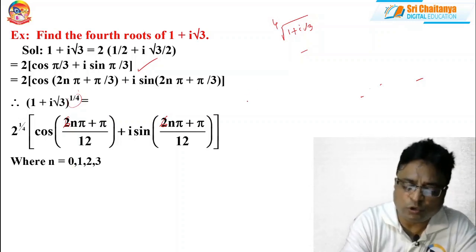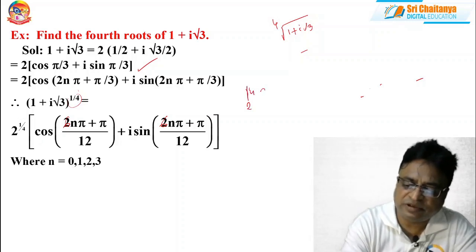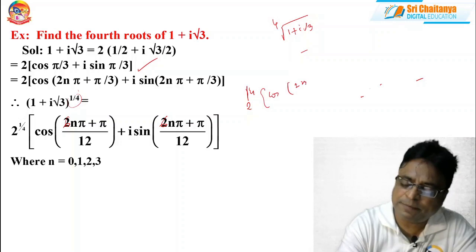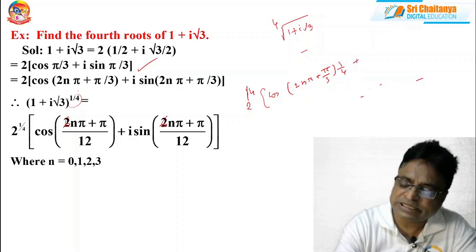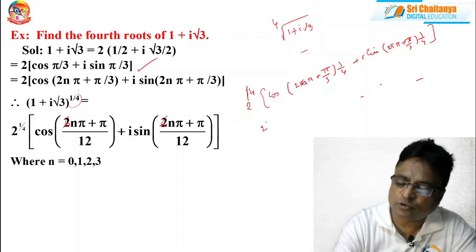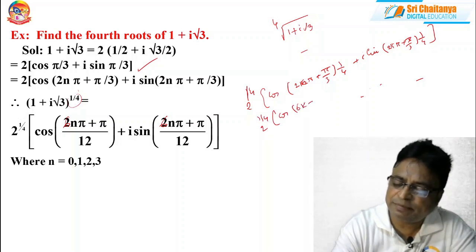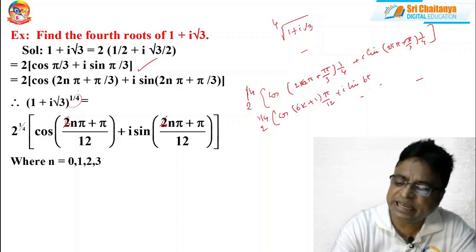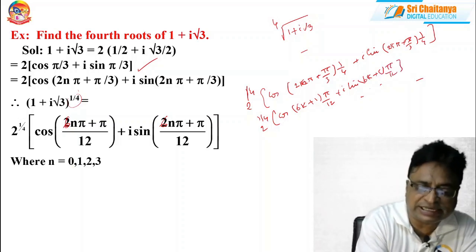So it becomes 2 power 1 by 4 into cos of (2k pi plus pi by 3) into 1 by 4 plus i sin of (2k pi plus pi by 3) into 1 by 4. By taking the LCM it is 2 power 1 by 4 into cos of (6k plus 1) into pi by 12 plus i sin of (6k plus 1) into pi by 12, where k equal to 0, 1, 2, 3.